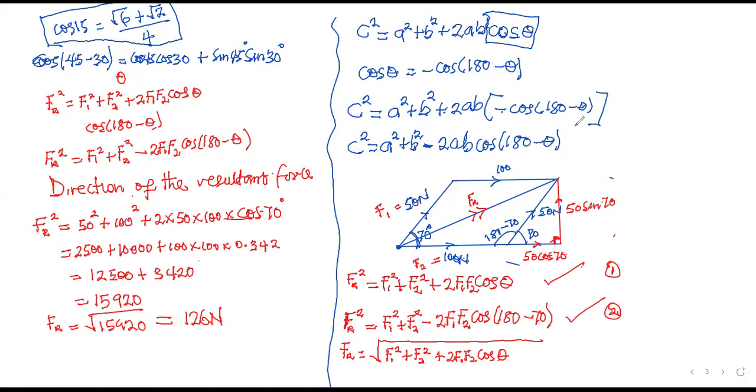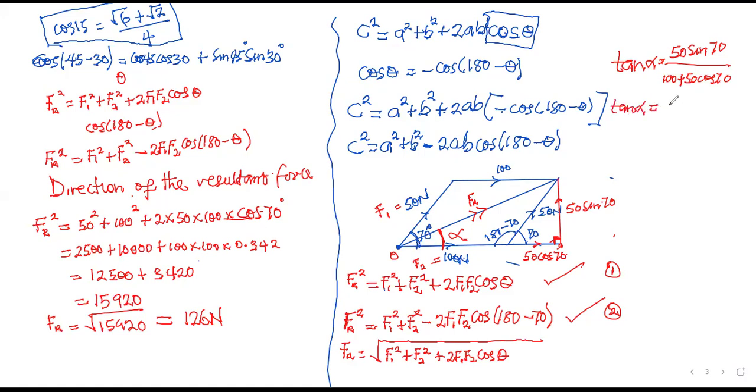So if I take the tangent of the angle to the x-axis, which is this angle alpha, tan of alpha would be equal to the opposite, which is 50 times sine 70, divided by the adjacent. The adjacent will be this whole distance. Okay, so 100 plus 50 cos 70.